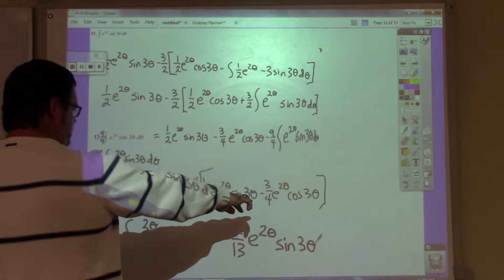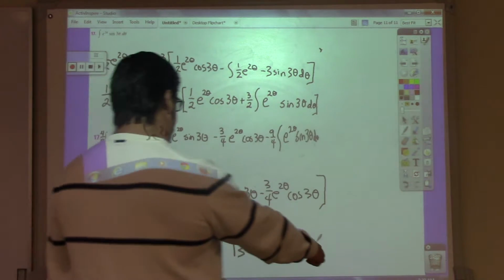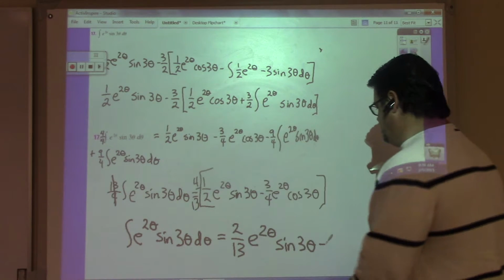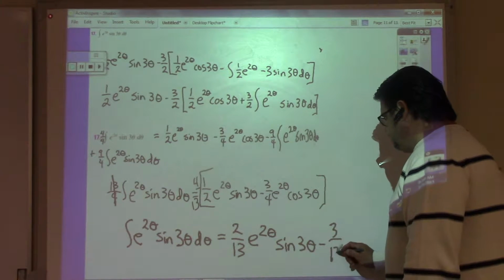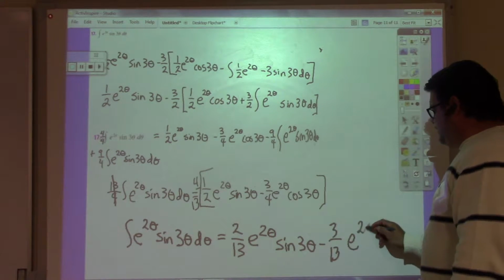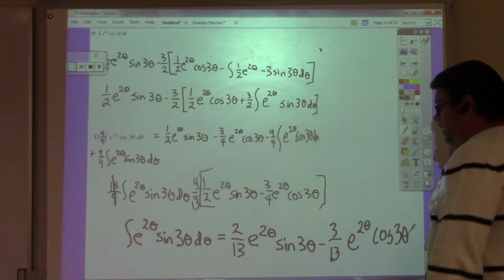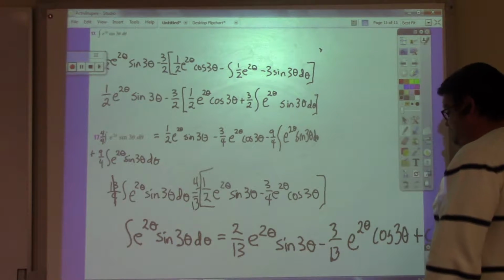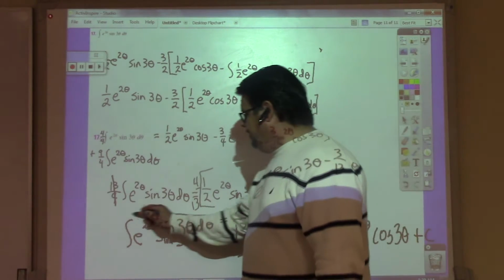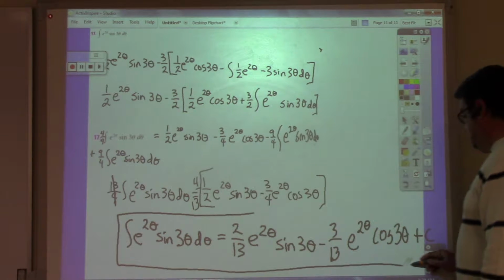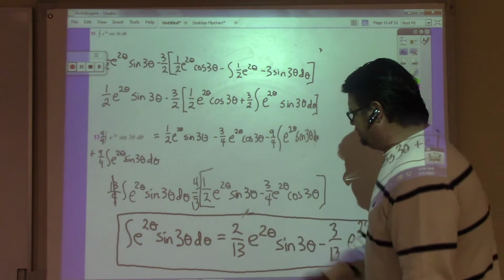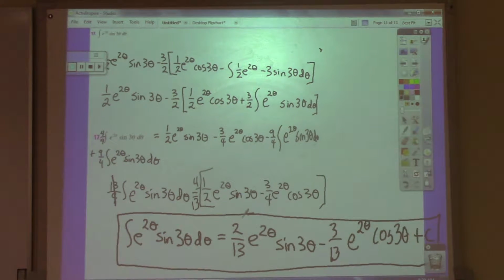So that would be 3/13, right? Minus 3/13 e to the 2 theta cosine of 3 theta plus c. And let me look at it one more time and see if there's anything you could factor out. You could factor out 2/13 e to the 2 theta if you wanted to.